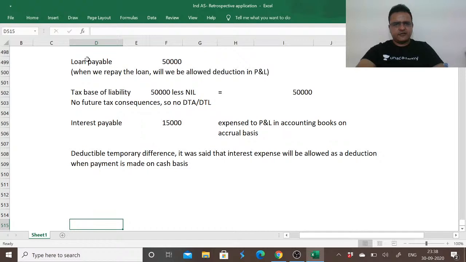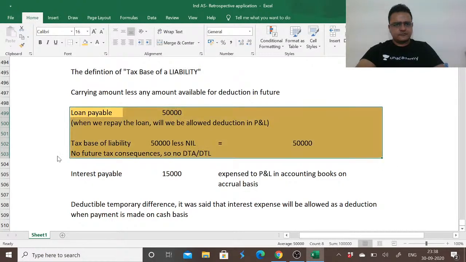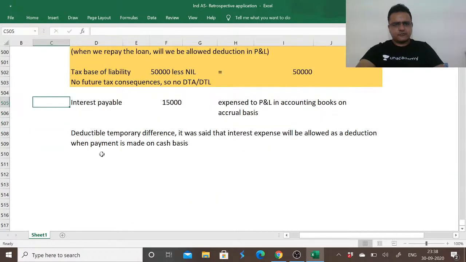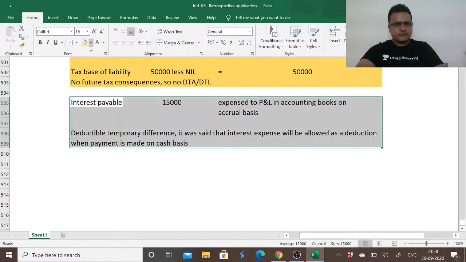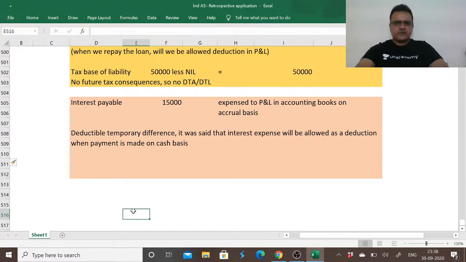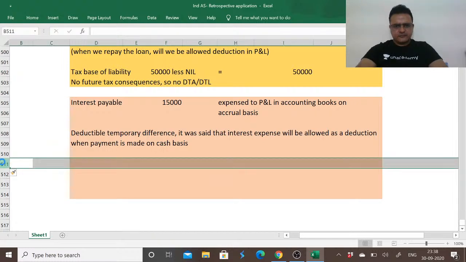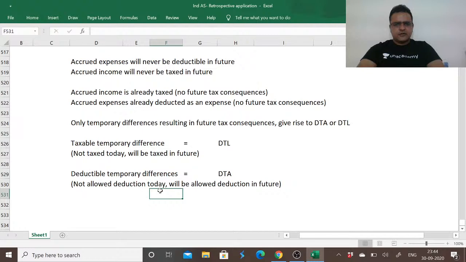So which means that when interest is actually paid, the deductible temporary difference, not allowed deduction today, will be allowed deduction in future.